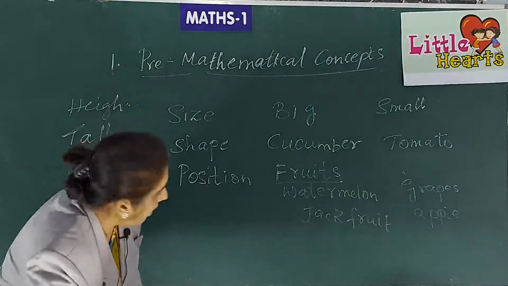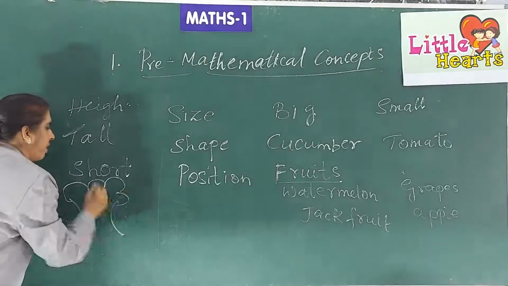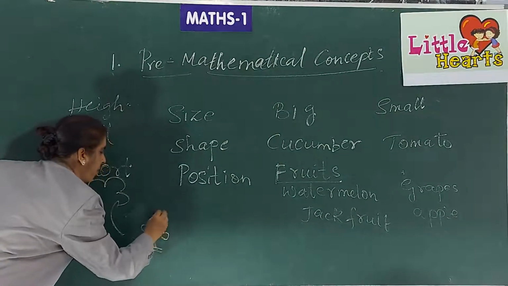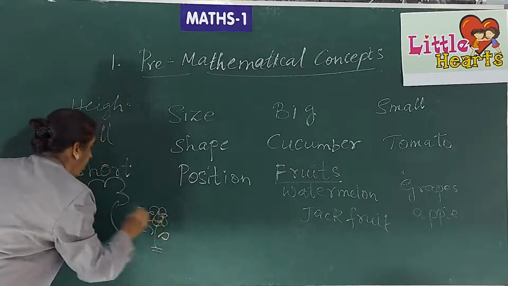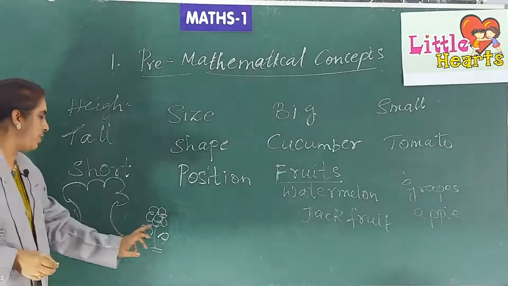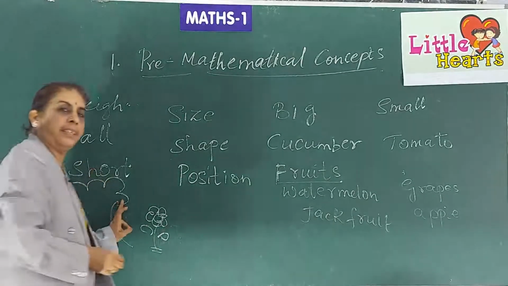A tree is big and a plant is small. Tree is big and a plant is small, and as well as a tree is tall, a plant is short.